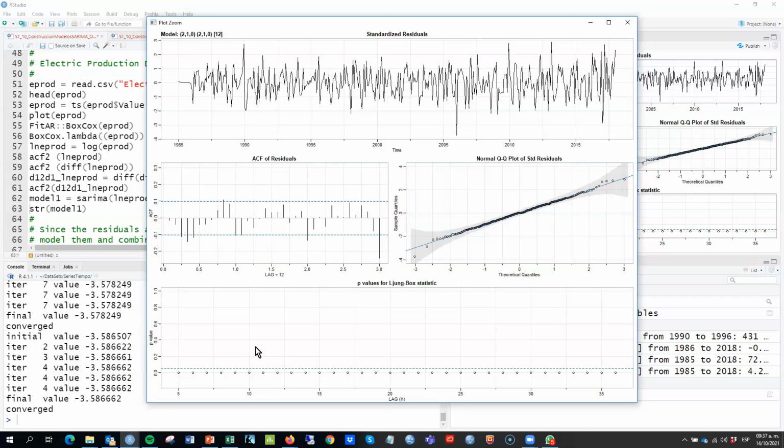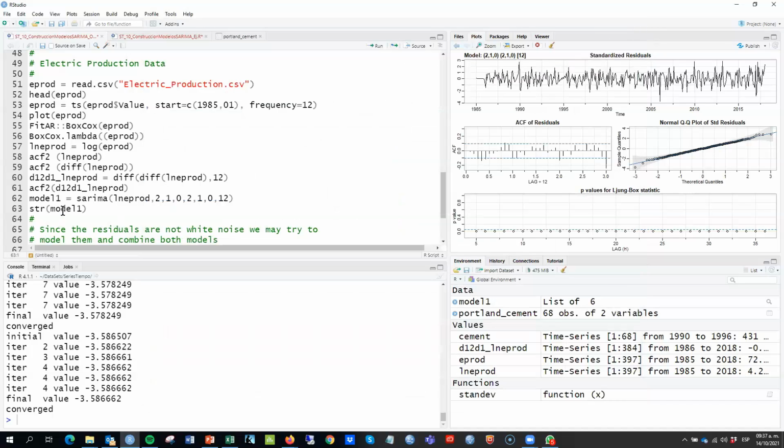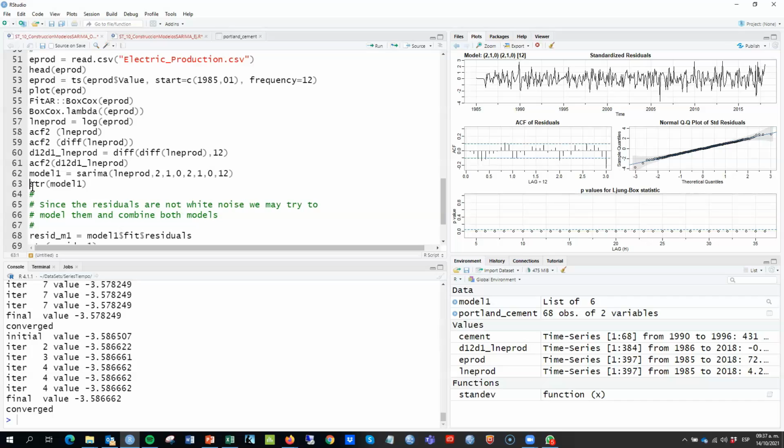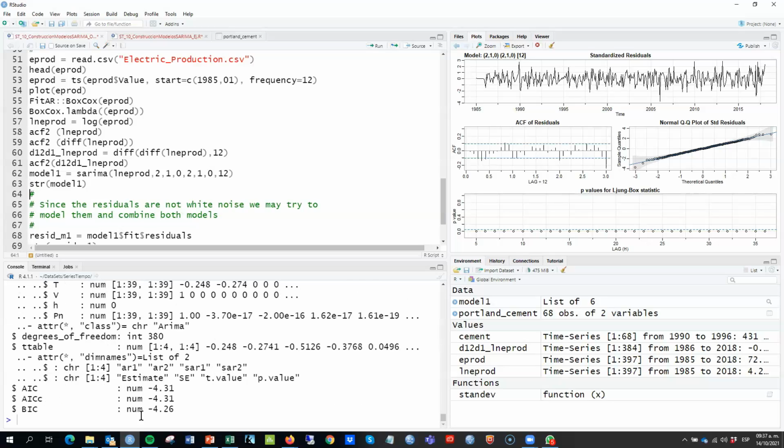Well, what we can do is analyze the residuals and fit a model to the residuals. Okay. So this is the ACF of the residuals, but now what I'm doing here is looking at the structure of model one.